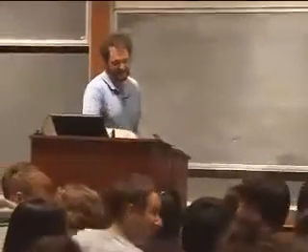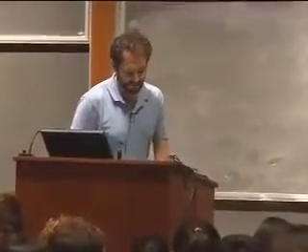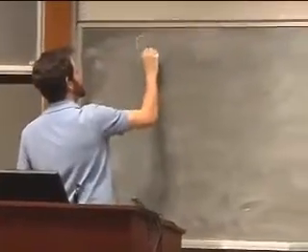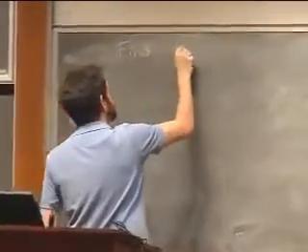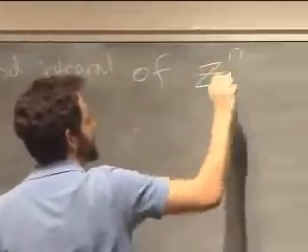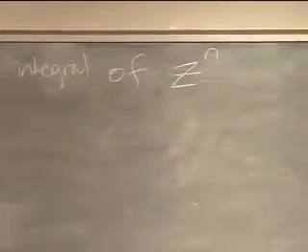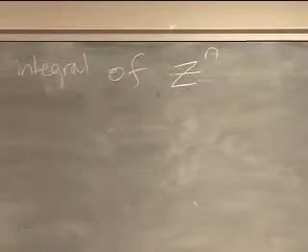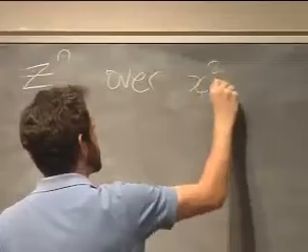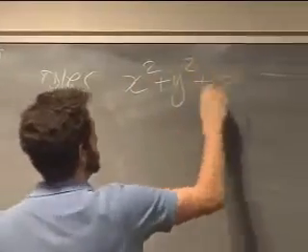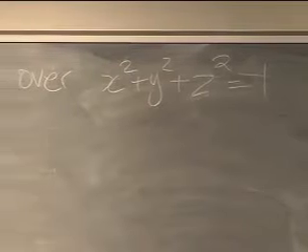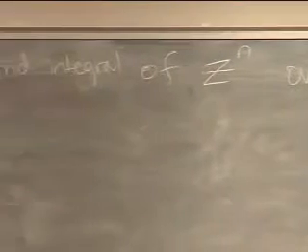Here's a nasty example that probably threw a lot of people at the time. It said, find the integral of z to the n over the unit sphere, I believe, where n is some positive integer that's constant, but you don't know what it is.